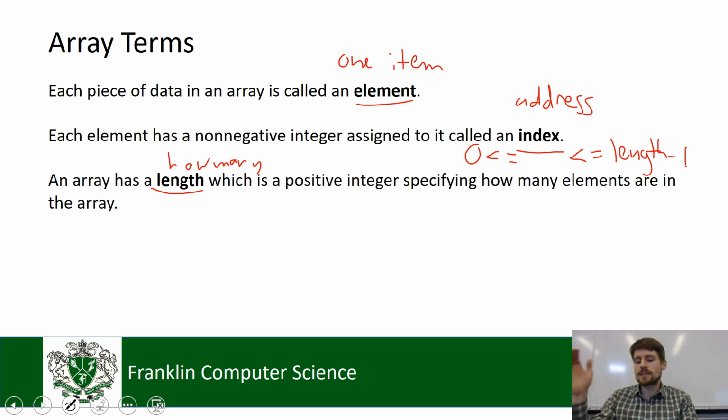You can't access things at indexes that are length or greater, because those don't exist. There's no items there. And you can't access things at negative indexes. Those are illegal indexes as well. Okay, and Java will catch those for you and tell your program to stop if that ever happens, which is a good thing. You don't want to try to access things that are off the ends of the array.